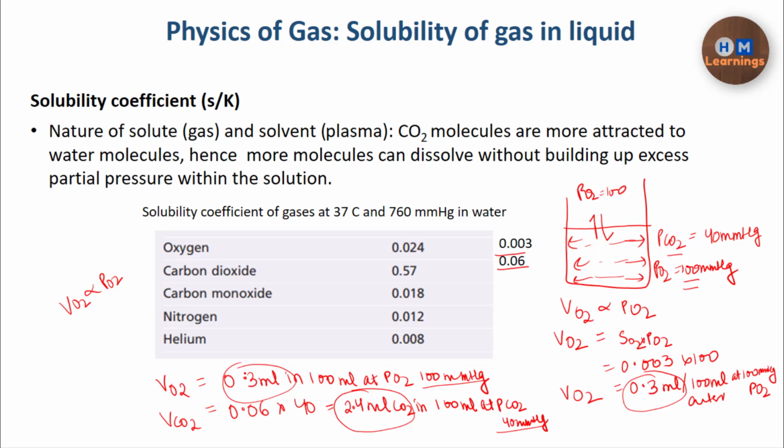Now how does the CO2 interaction with water differ from the O2 interaction with water? Because of the structure of the molecules. The O2 structure is different from the CO2. That is how CO2 is around 20 to 23 times more soluble in the arterial plasma than O2. Okay. So now we have talked about the solubility coefficient and also about Henry's law.